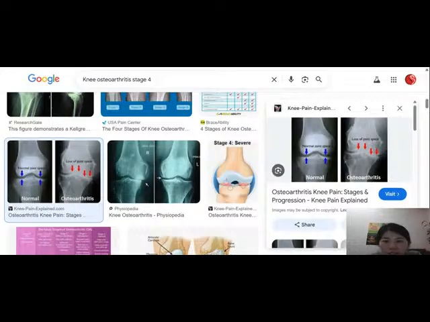It's actually lost the joint space. So that is a severe arthritis. Extensive bone spurs occurred, and the cartilage is already lost. And okay, so let me show you another one.